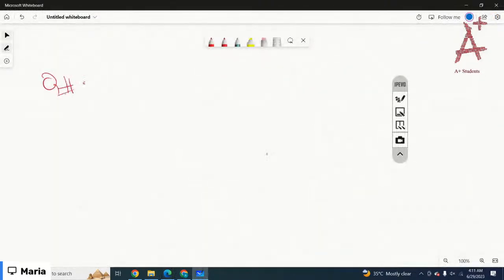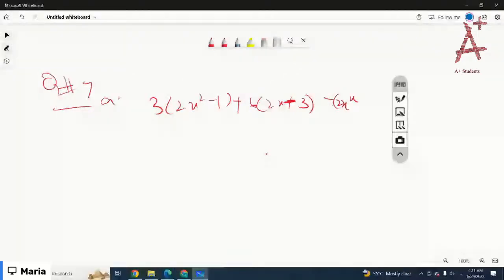Question number 7. A. 3 times (2x² minus 1) plus 6 times (2x plus minus 3) minus 2x² minus 5x.